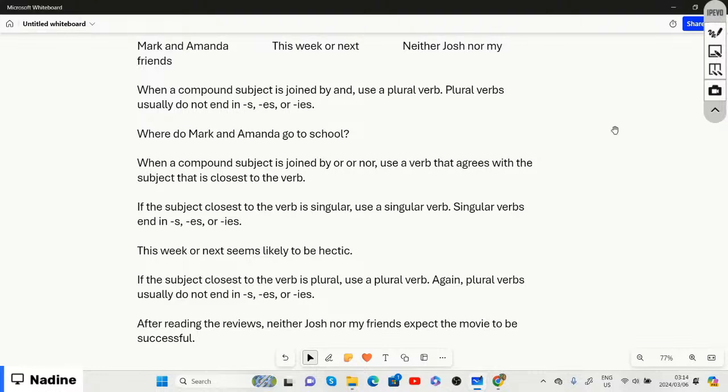All right. And we say that if the subject closest to the verb is singular, we use a singular verb, and this might end in s, es, ies.